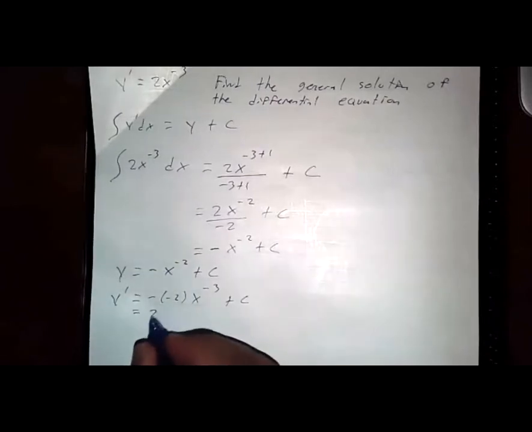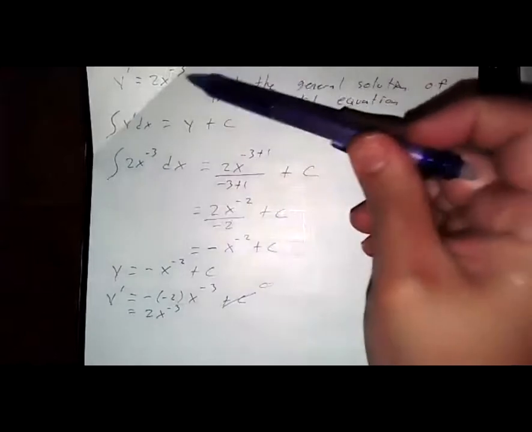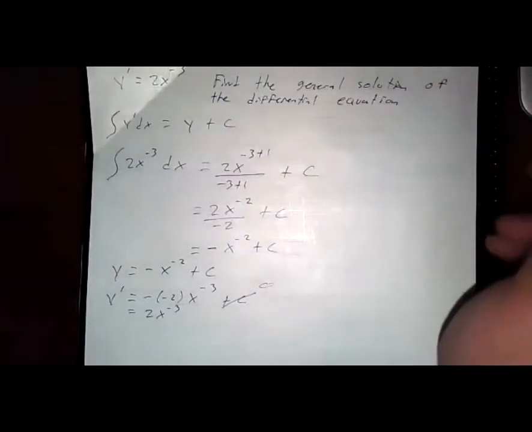So that would be 2x to the negative 3. This would be 0 because it's a constant. Notice how this is the same thing that we started with, right? So yeah, it checks out. If the derivative of the antiderivative is equal to what you started with, well, you did it correctly, right? It's like factoring and multiplication. You can always check your work.